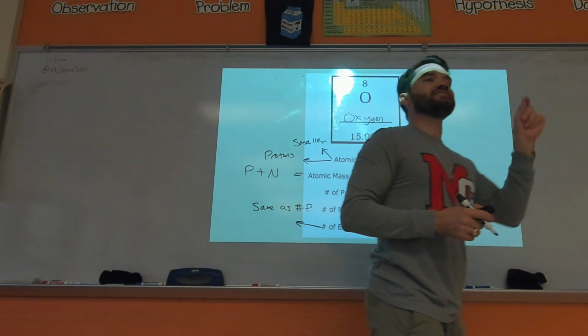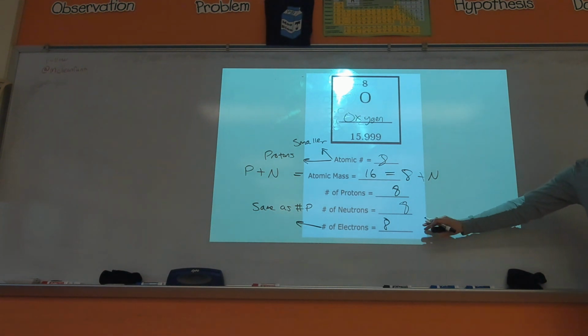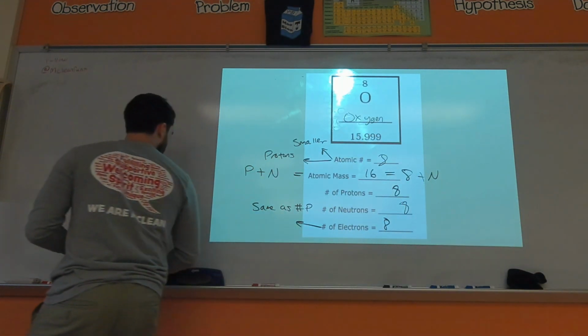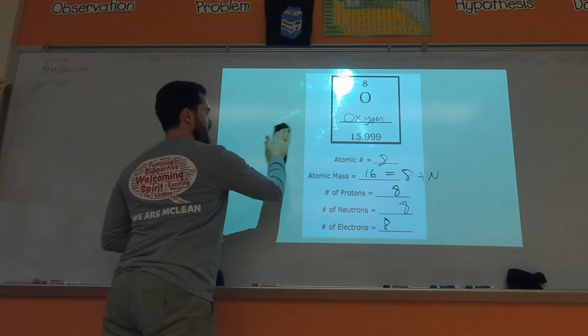Atoms can have different numbers of protons and electrons, but we call those ions. We'll talk about ions in a class or two, but technically, when we talk about an atom, it's always going to have the same number of protons as electrons. All right, so that'll help you with completing that little half sheet of paper. But yeah, just a little review from last class.